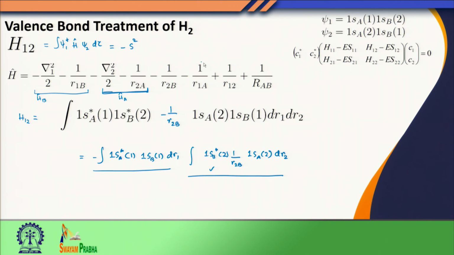Similarly, when you plug in 1 over R1a, or 1 over R12, or 1 over Rab, you would see that you get integrals which do not have any physical interpretation. Together, we will call the sum of all these integrals an exchange integral, which is of course going to be a function of nuclear coordinate. So, this K is now our exchange integral.